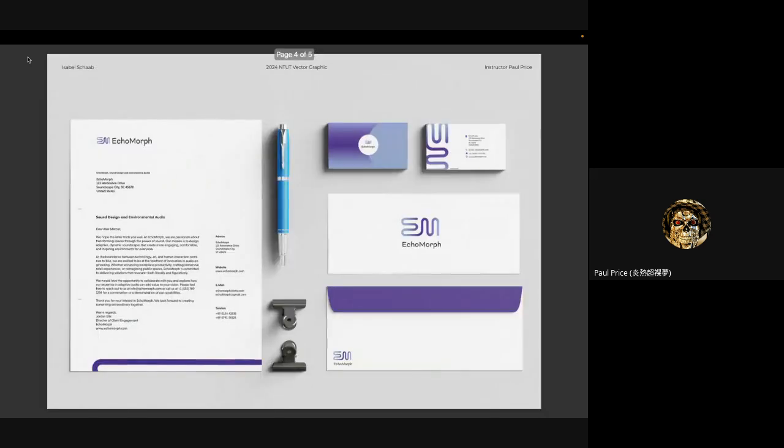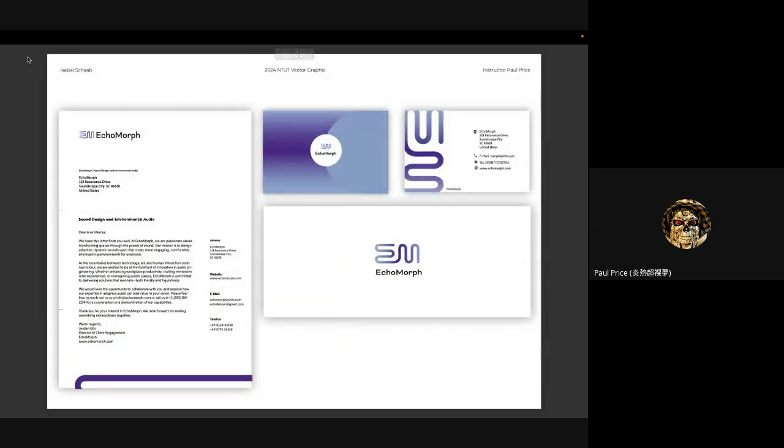For example, here I put the logo on a letter, a business card, and an envelope. On the letter, I put the logo on the top left, and on the bottom part I chose the form which resulted from the logo, so the form is imprinted in the viewer's mind. It's the same with the business card, which has again this purple gradient, so the color is imprinted in the viewer's mind. Here you have a closer look at the stationery. And this is my logo design. Thank you for listening. I hope you liked it.